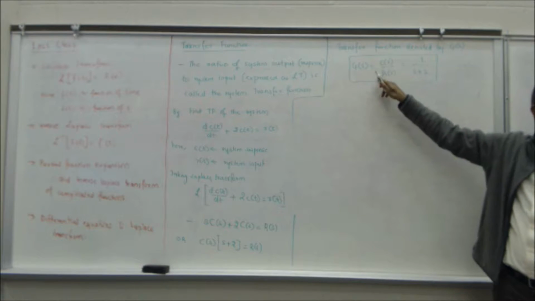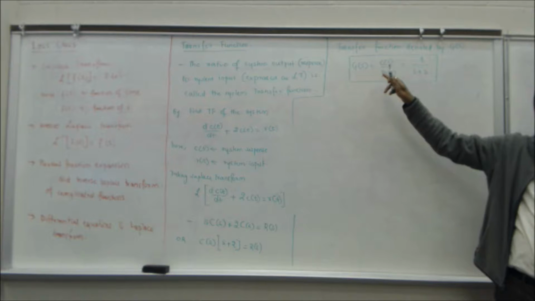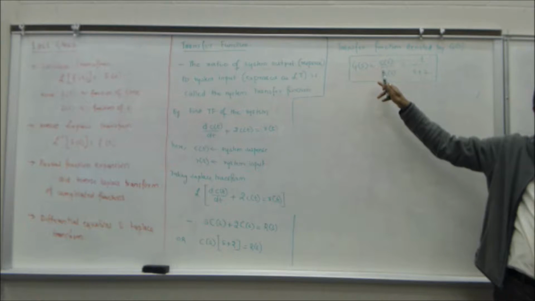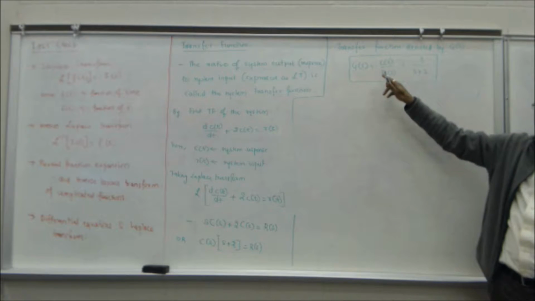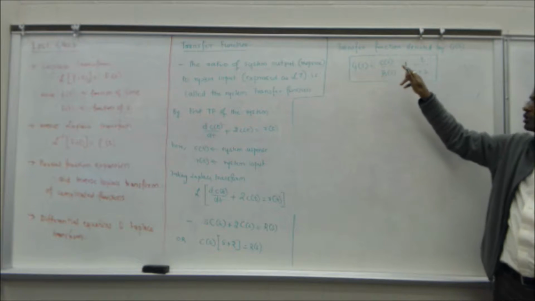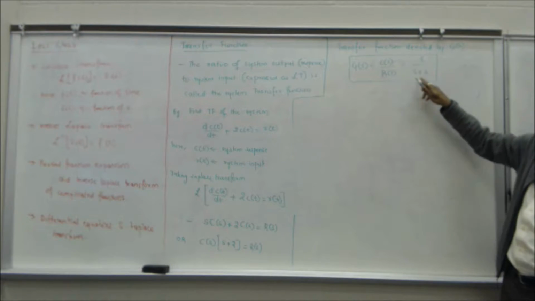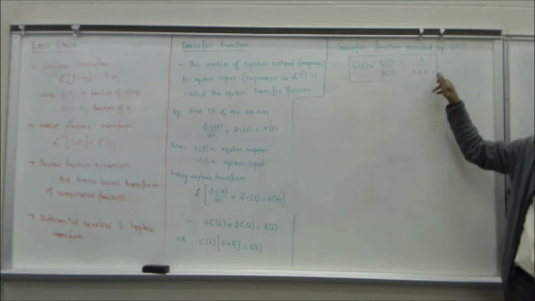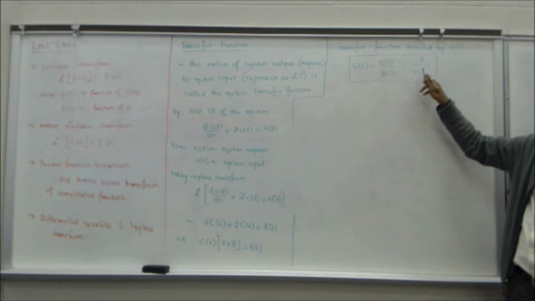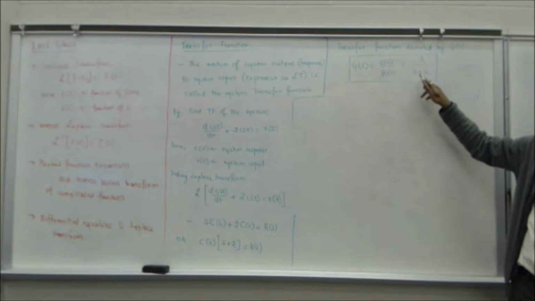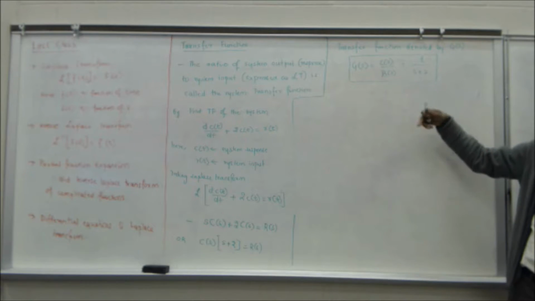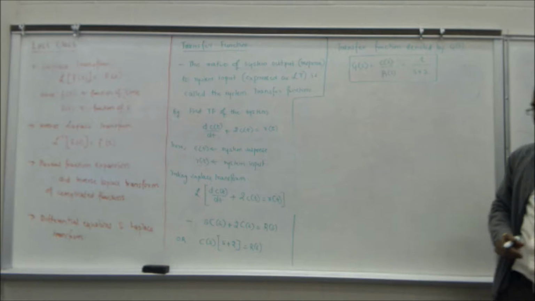We don't yet know what the input is. Okay. So regardless of what input is applied, the system input-output relationship is this. Okay. And if you want it to be expressed in terms of time, you just take the inverse Laplace of that. Okay.